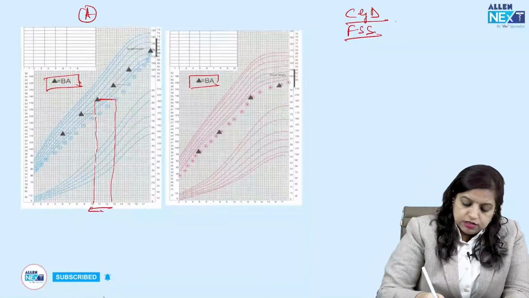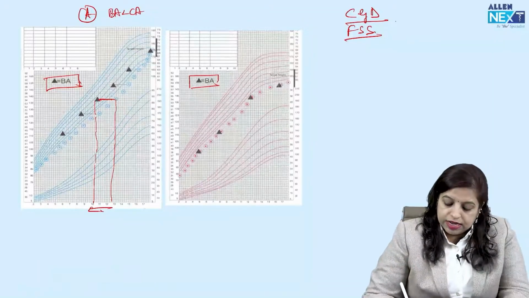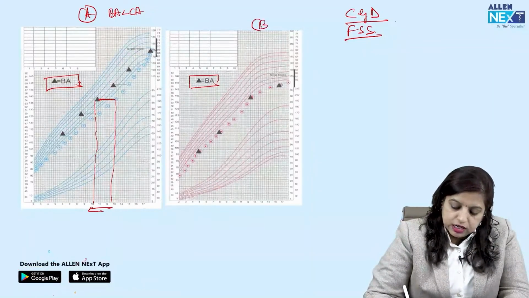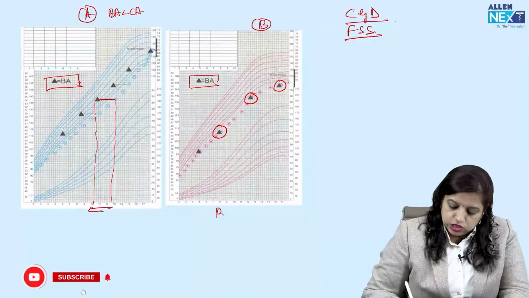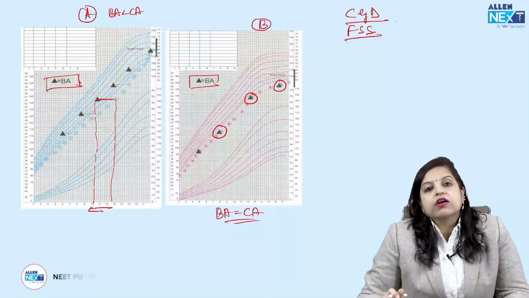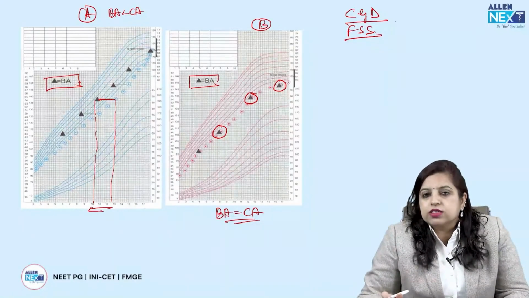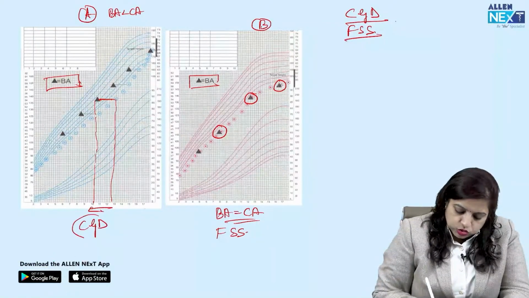So in graph A, bone age is less than chronological age, while in graph B, the bone age is almost coinciding with the chronological age. So we know that probably graph B would denote familial short stature, while graph A would be going towards constitutional growth delay.